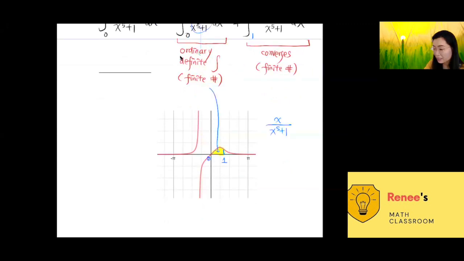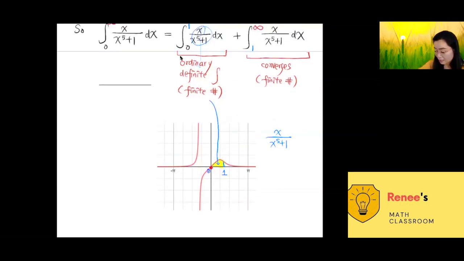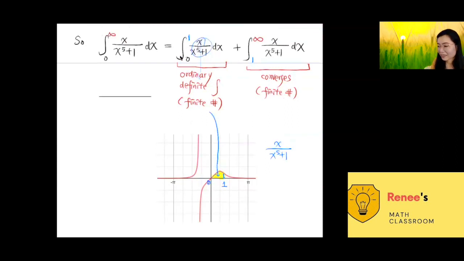It is a finite number. The second part here is an integral that converges to a finite number also. So the sum of two finite numbers is again a finite number. So this integral here converges to a finite number.